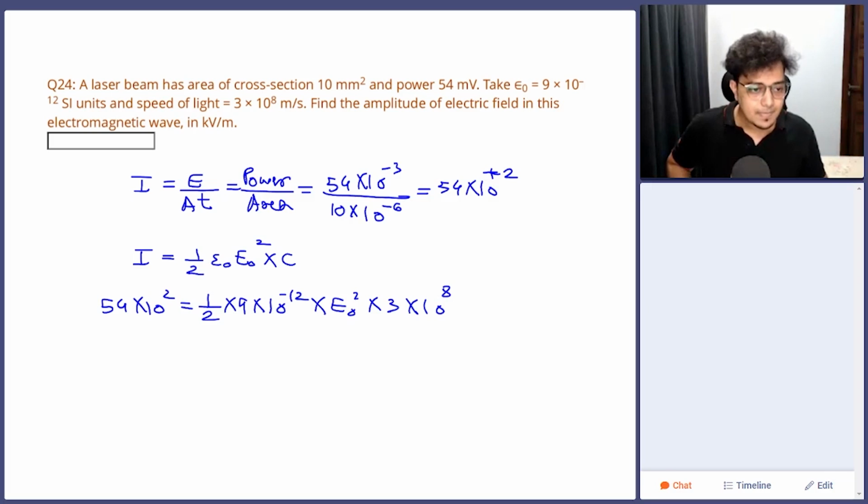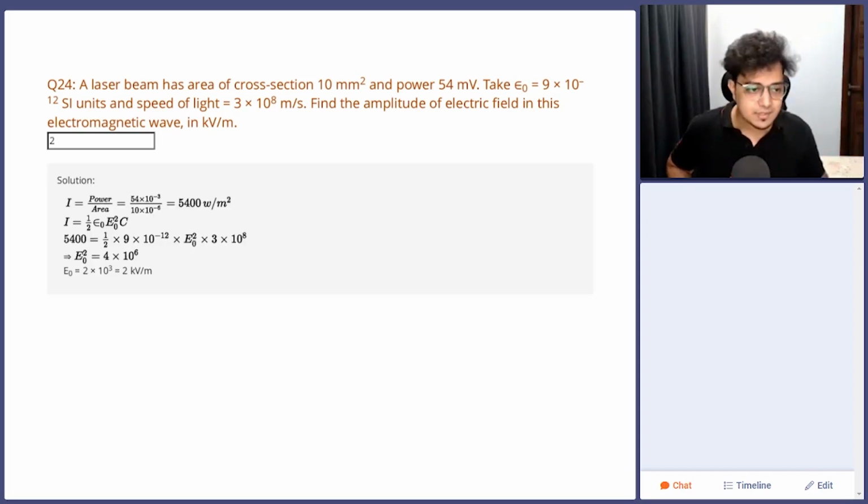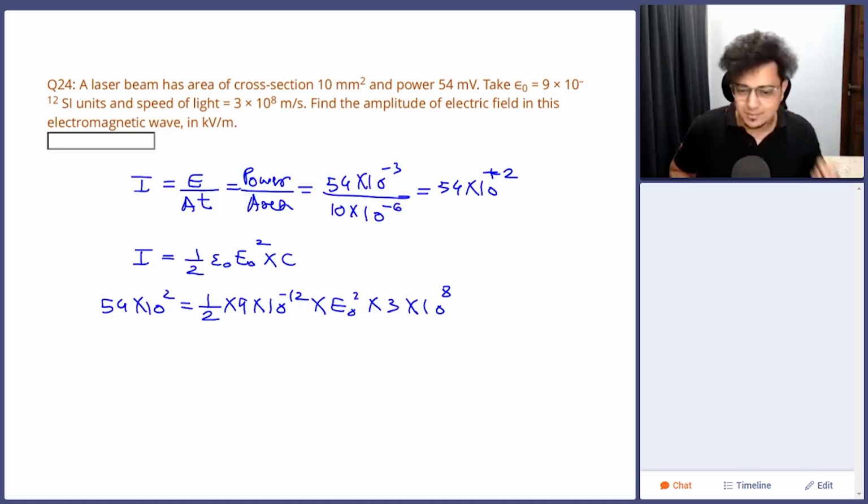So intensity substituted in SI unit, half as it is, epsilon naught given value, E naught square we have to figure out, and C 3 into 10 to power 8. So now this is an easy calculation. If you manage this calculation, you will easily get the answer for E naught as 2 into 10 raised to 3, which is 2 kilovolt per meter. Okay. Clear? I'm leaving the basic calculation for you.